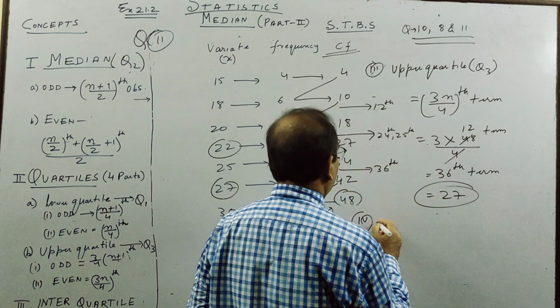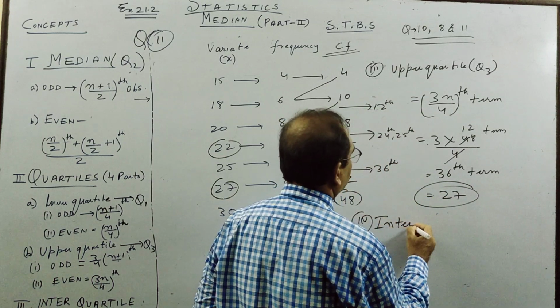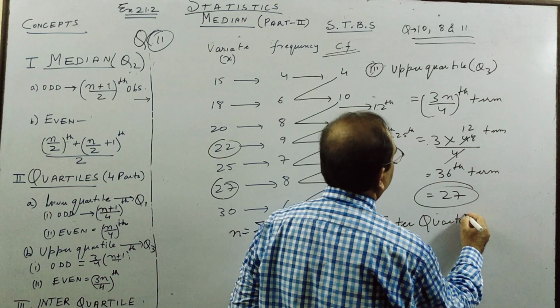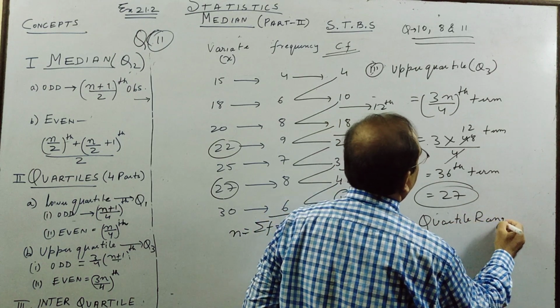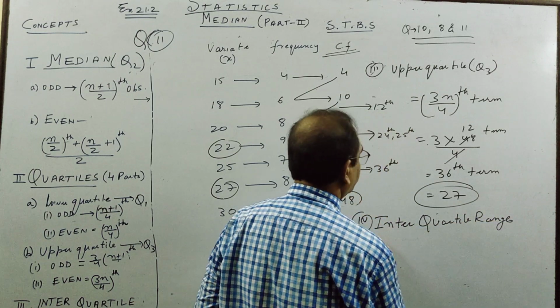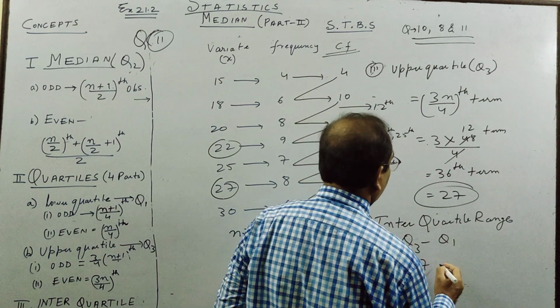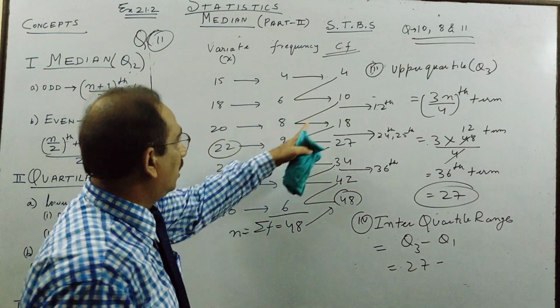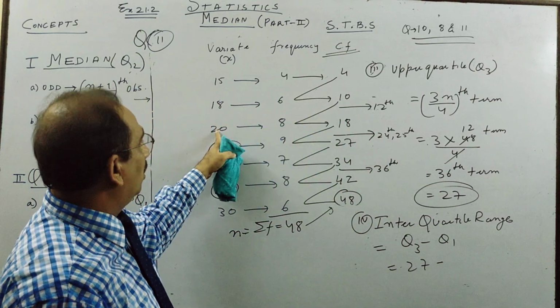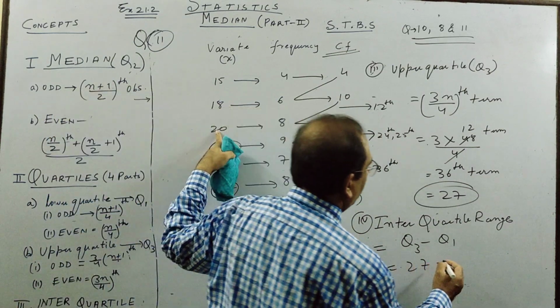And the last part, interquartile range is equal to Q3 minus Q1. So remember, children, we got Q3 as 27, and Q1 as 20, if you remember.